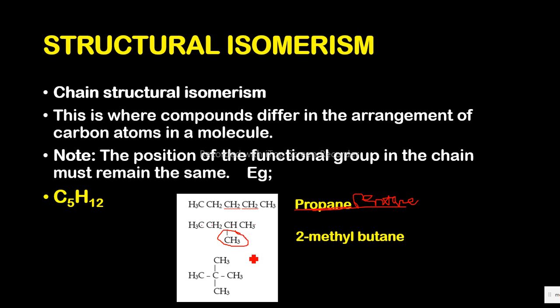Then this one becomes 2,2-dimethyl propane, because the two methyl groups are on carbon number 2. But if you count, it's the same molecular formula, and the difference is in the structural formula. So basically it is as simple as that.